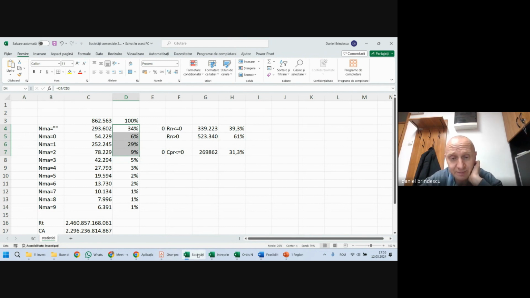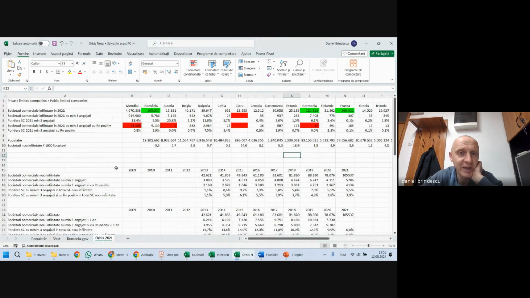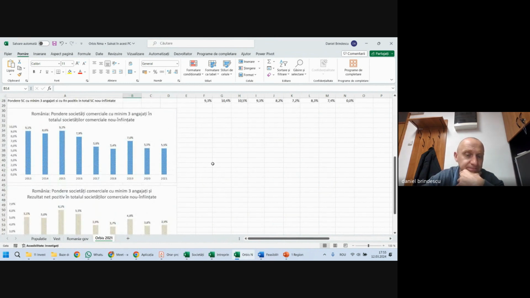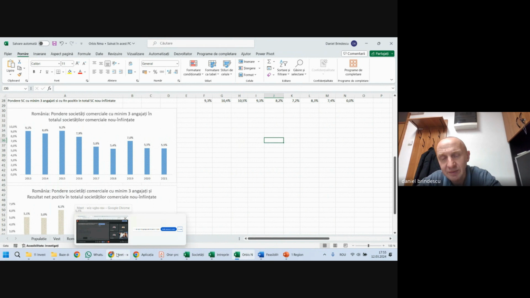For the startups, and I have statistics for the startups as well, approximately 5% have from the beginning 3 employees or more. 5%, that's 1 in 20. So 1 in 20 of the startups has 3 employees or more.